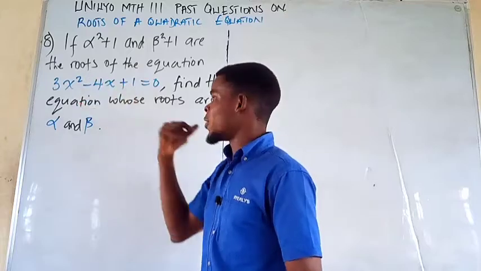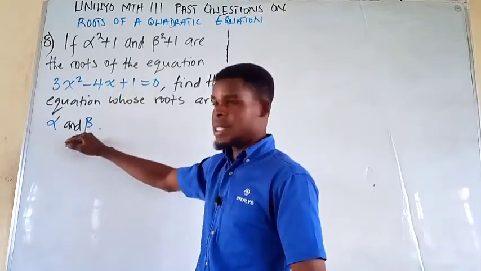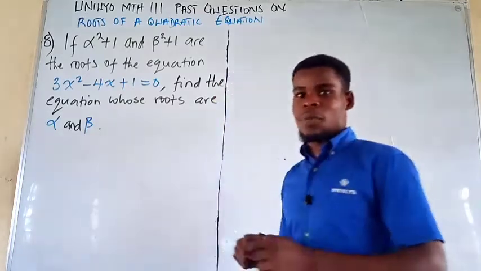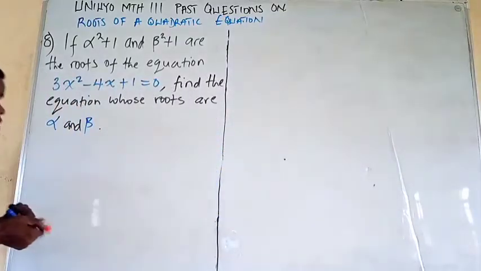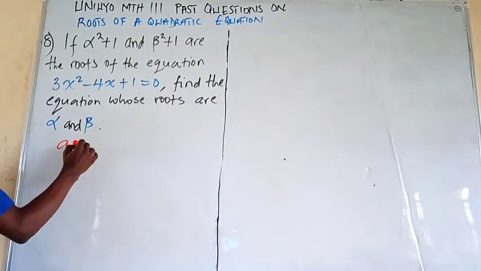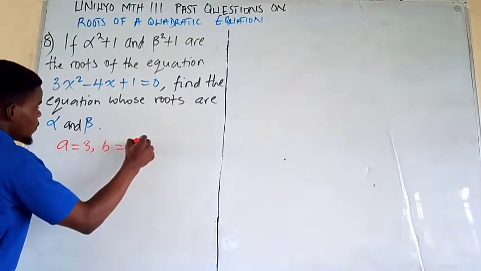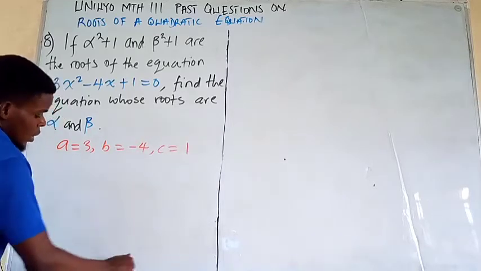Then we have to find an equation whose roots are just alpha singly and beta, just like that, a reverse direction. This is also simple. So we'll continue to use what we use. We know that A is equal to 3, B is -4, and C is just +1.